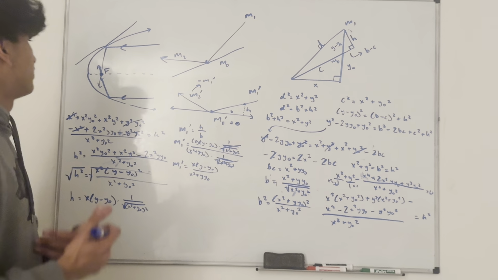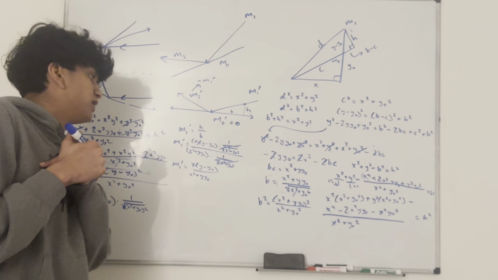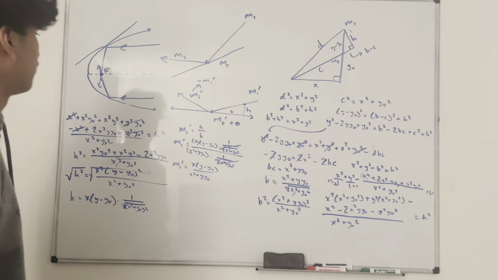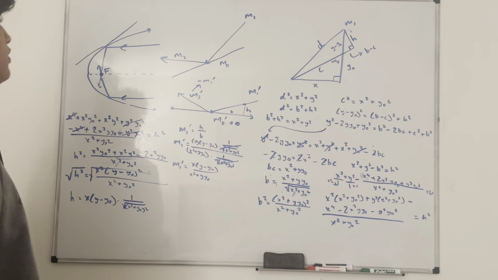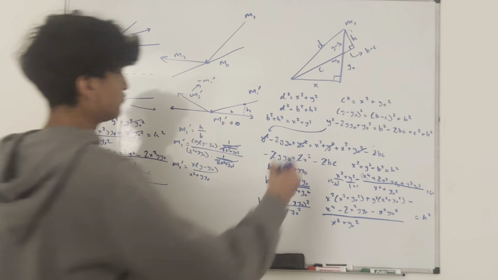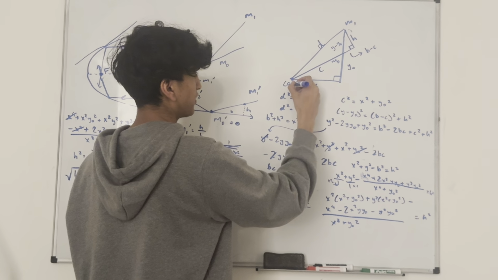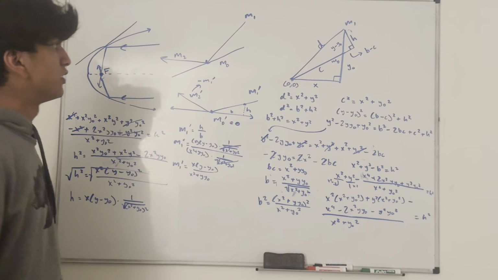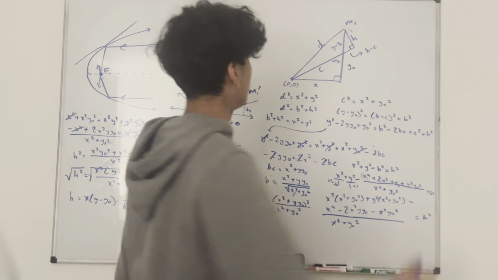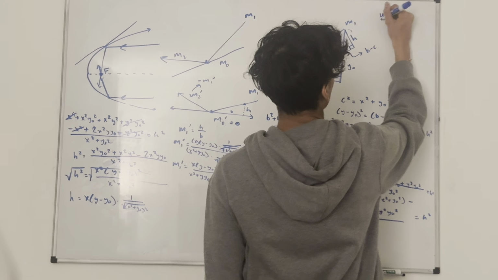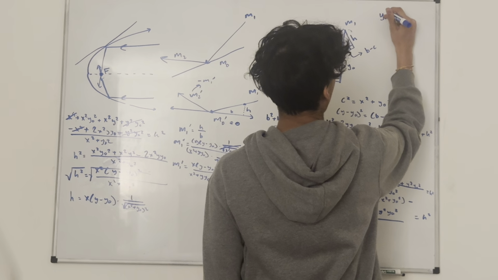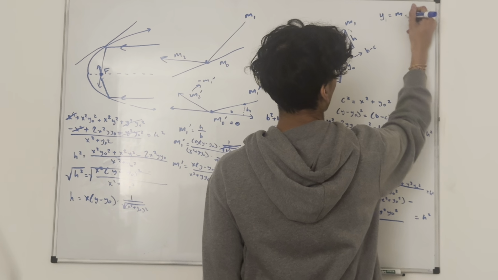Now what I can do is substitute in my m's. Remember the equation, I erased it. I wish I didn't, but this was my origin right here, 0, 0. So if I think about this line as a function, I know that y is just going to equal m1 times x.